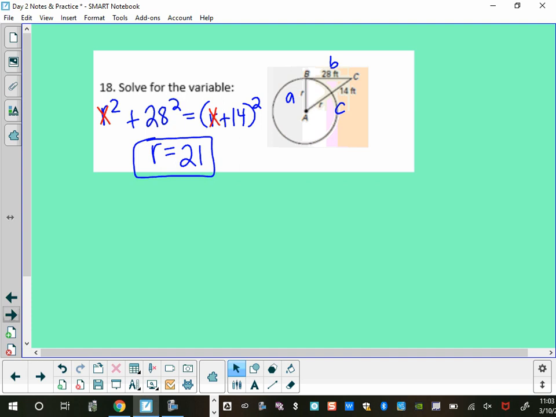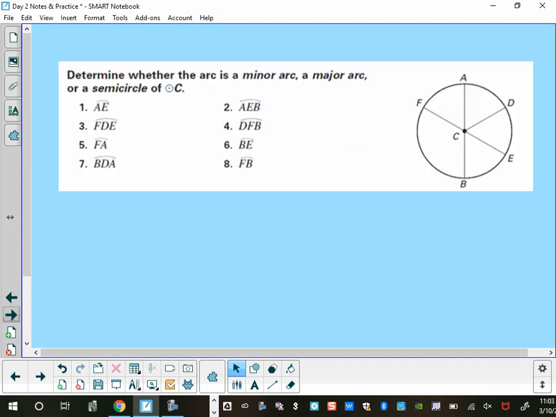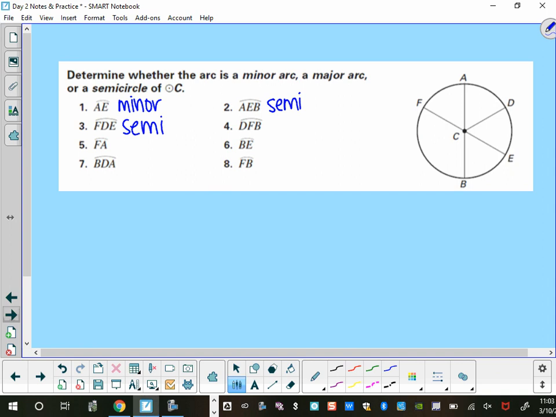All right, if you're all good on day 1 practice, turn to day 2 practice. Determine whether the arc is minor, major, or a semicircle. I'm going to go through these. Number 1 was minor. Number 2 was semi. Number 3 was a semicircle. Number 4 was major.